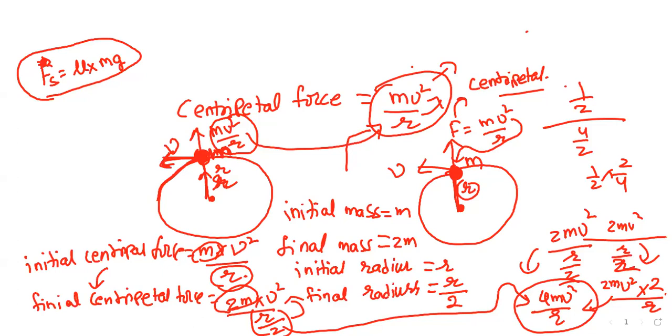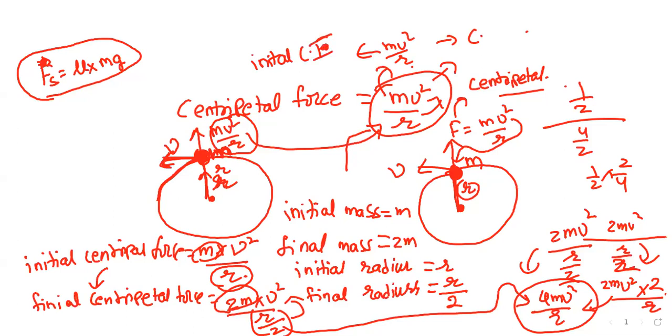By 4? Yeah, exactly. Because initially the force is just mv square upon r. This is our initial centripetal force, let me call it CI. What is our final centripetal force?